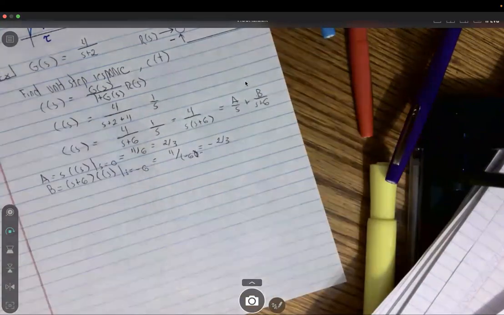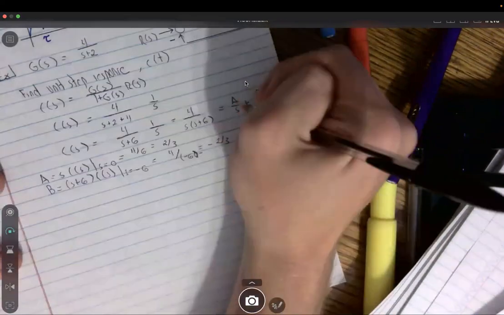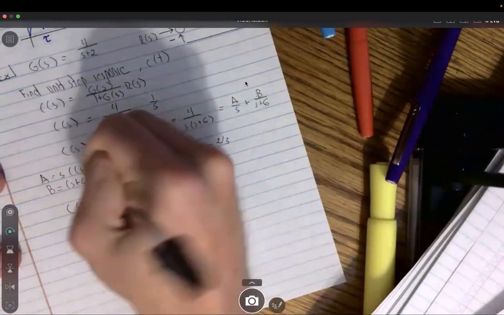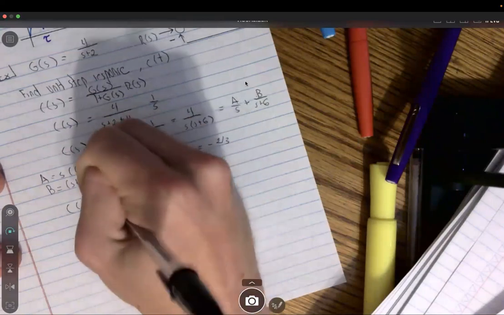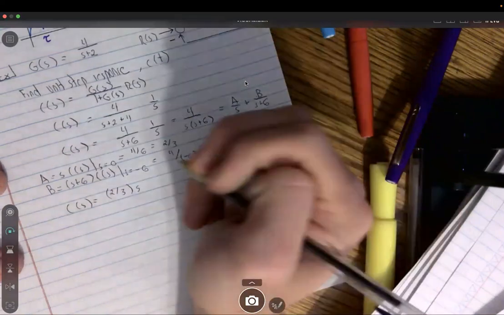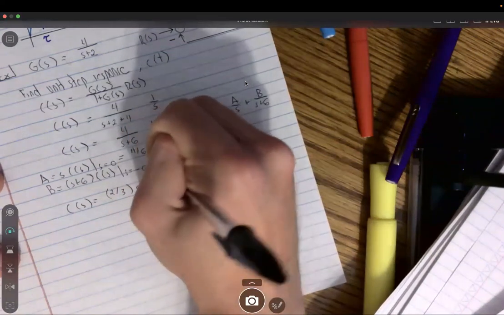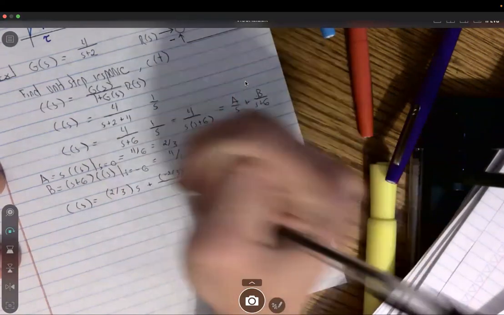Now that we got that, our C of S is going to equal 2/3 times 1 over S, plus -2/3 all over S plus 6.